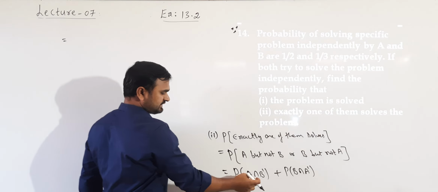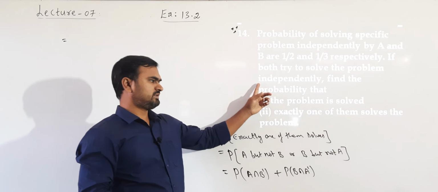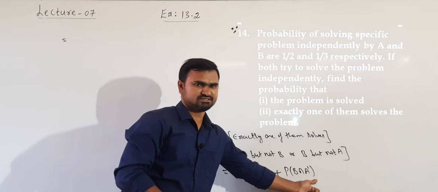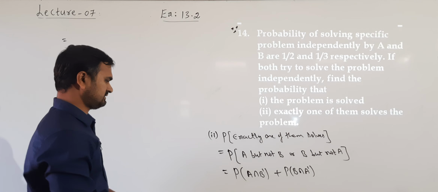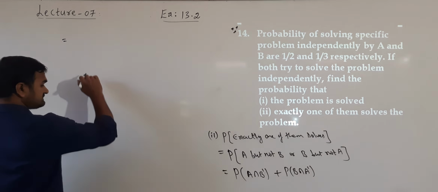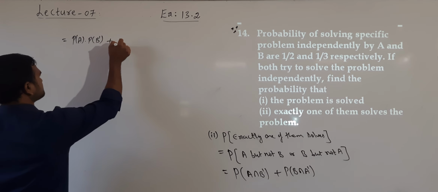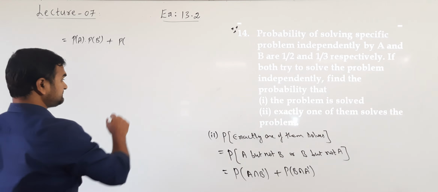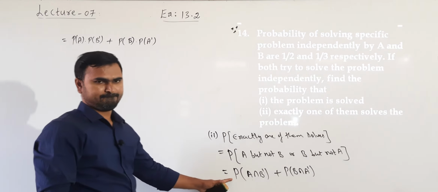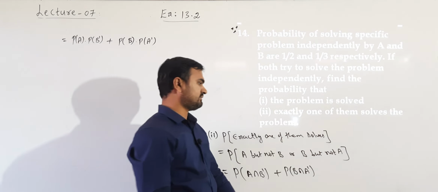How can I write P of A intersection B dash? Now we already studied in theory that when A and B are independent events, A and B dash are also independent, and B and A dash are also independent. So we write P of A intersection B dash as P of A into P of B dash, plus P of B intersection A dash, which is P of B into P of A dash. For independent events, we can write the probability of the intersection as the product.